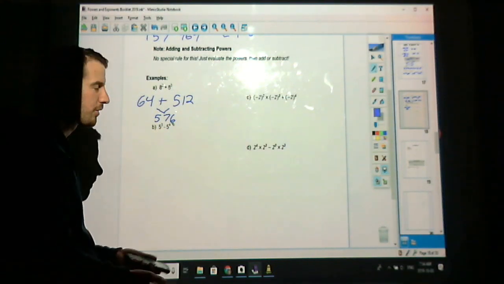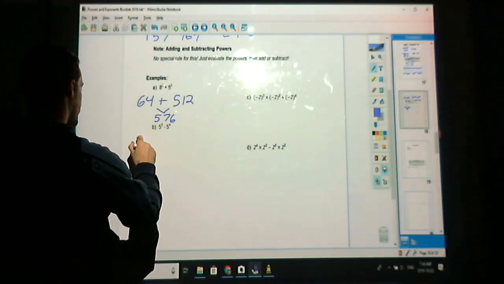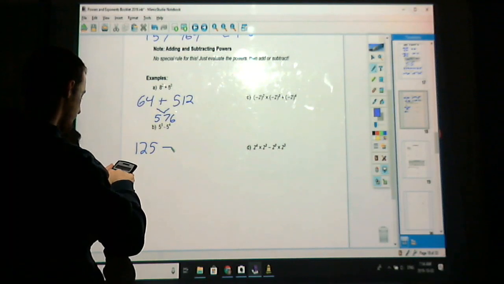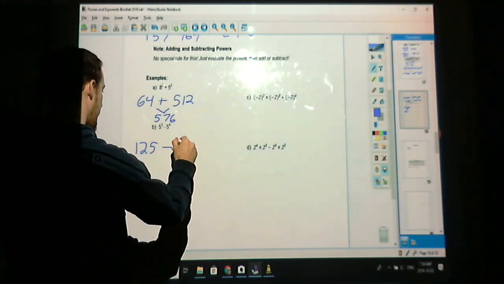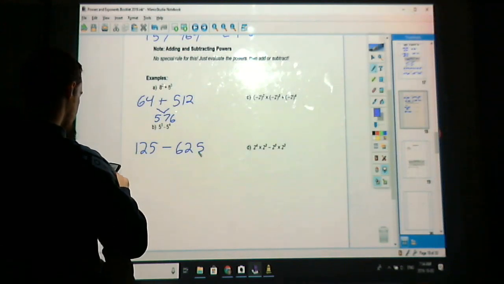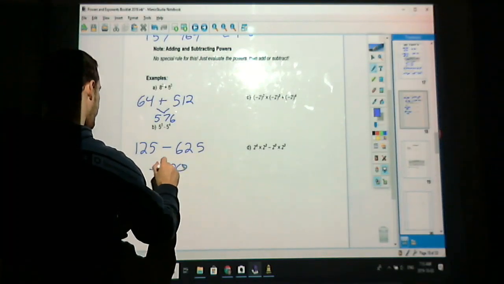We can't use our rule, so we're just going to solve this classic mode. 5 to the power of 3 is 125, and 5 to the power of 4 is 625. So we get 125 minus 625, and our final answer is negative 500.